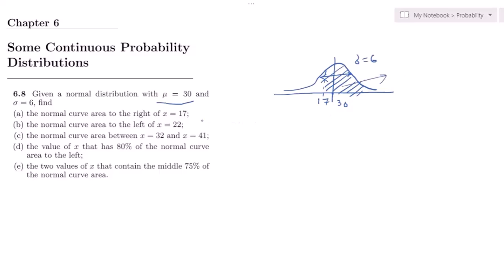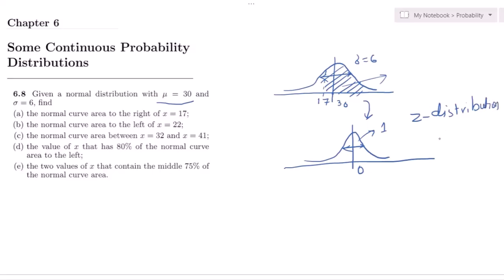The easiest way is to first convert it into the standard normal distribution, in which the mean would be 0 and the standard deviation will become 1, and then find the area by using the z distribution table. Finding it out is very easy because this is the z domain.